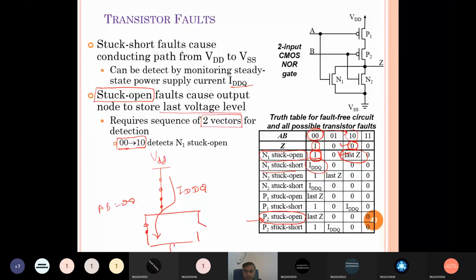Can anyone tell me? What is the test pattern required to detect the transistor P2 stuck-open fault?